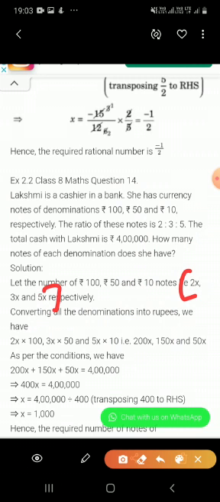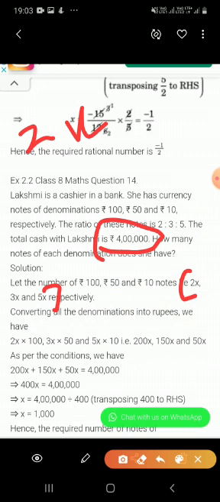Okay, let the number of 100, 50 and 10 notes be 2x, 3x and 5x. Then after this assumption, the total cash with Lakshmi is rupees 4 lakh. Means when all the 100 rupee notes plus 50 rupee notes plus all 10 rupee notes are added, the total amount she has is rupees 4 lakh. Now see, suppose one note of rupees 100 is there with you, how much money do you have? 100 rupees.